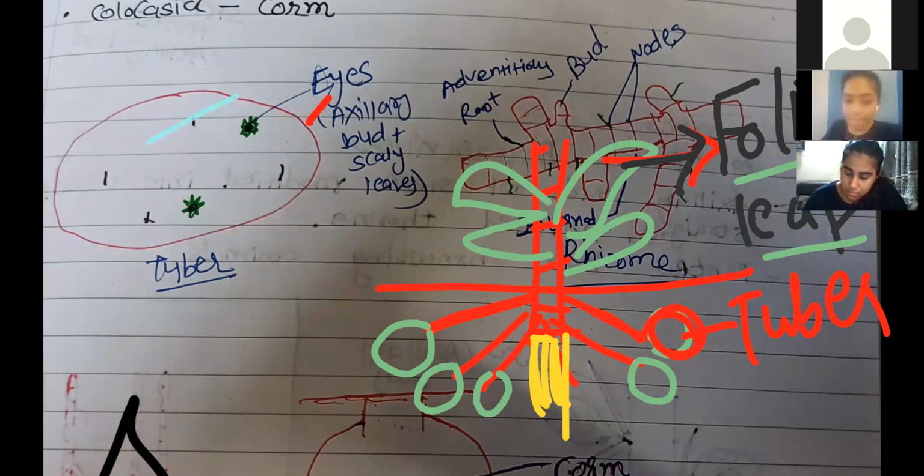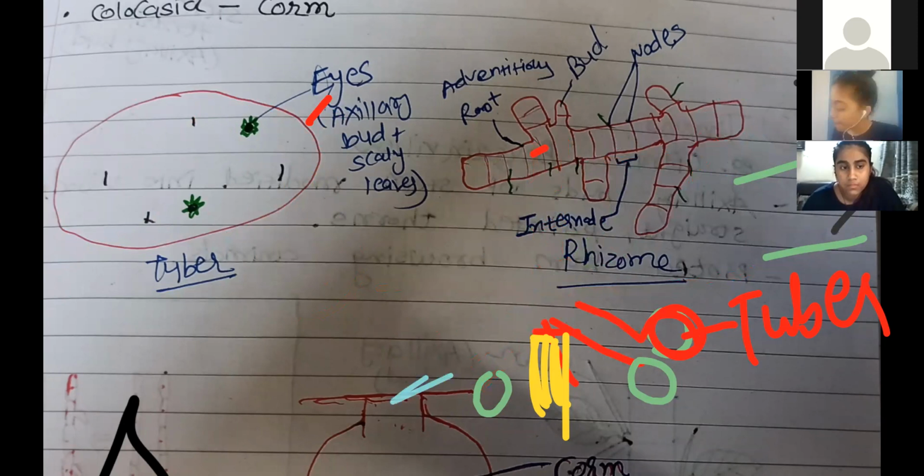So this is the first underground stem which stores the food, that we call potato. Specialized name, remember, tuber. Okay, those who are preparing for NEET, please remember each and everything. Potato, for that the term is tuber.